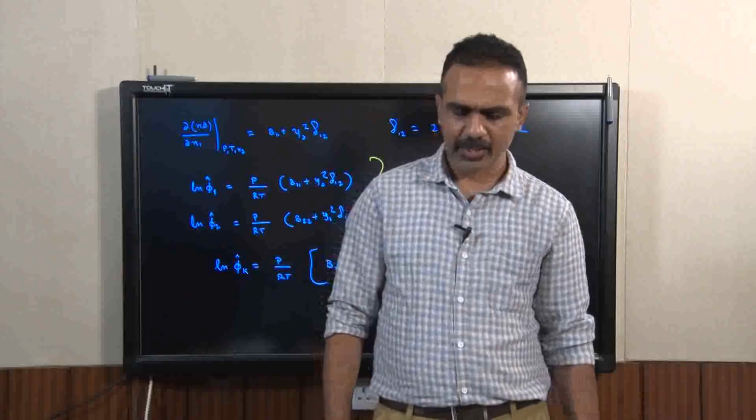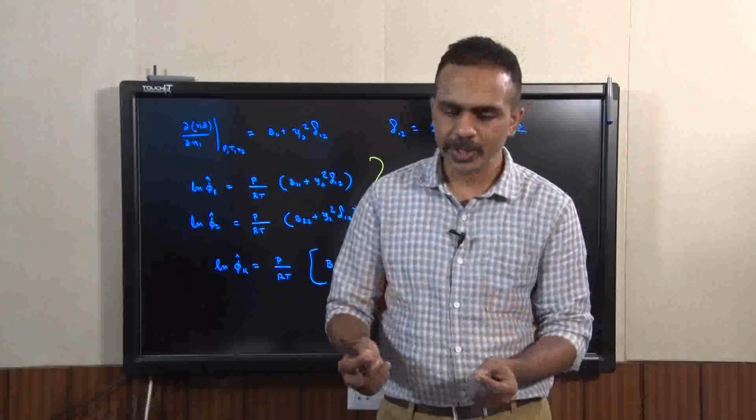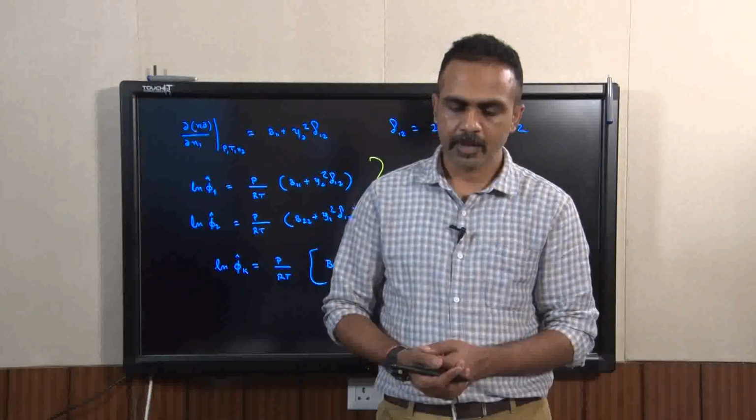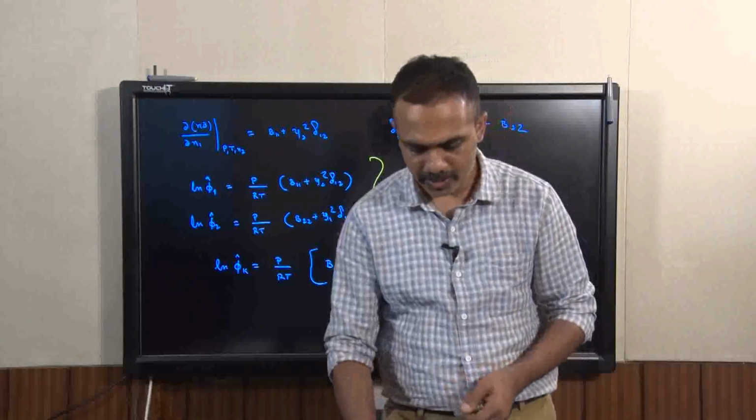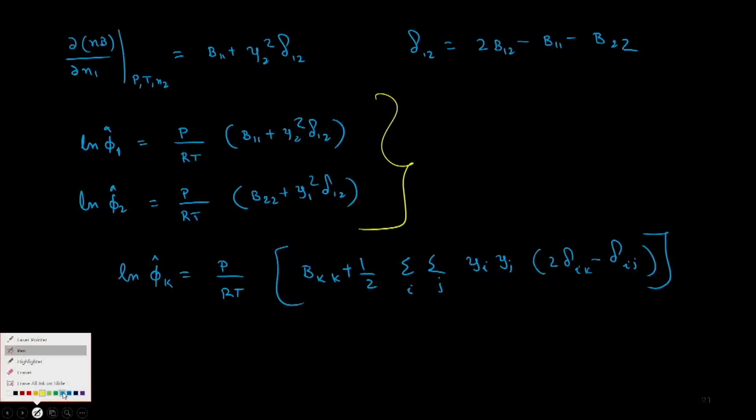So what we have done essentially is derived an expression for the fugacity coefficient in a binary mixture in terms of the virial coefficients b11, b22 and delta 12, which includes the cross virial coefficient b12, in addition to temperature and pressure. So given the virial coefficients, we can readily obtain the fugacity coefficient of the species.